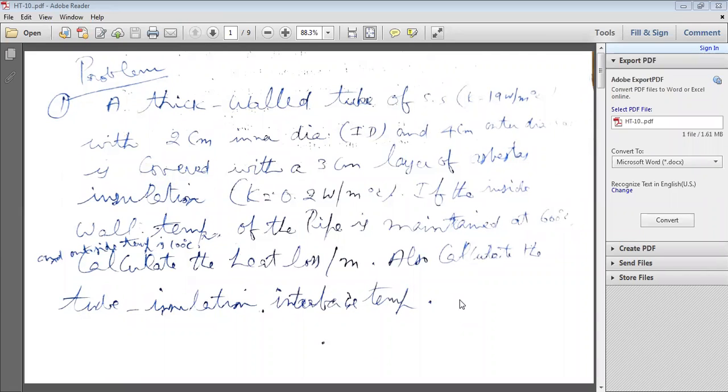of inside radius Ri, outside radius Ro, and length of the cylinder L, if the thermal conductivity of the solid material is K, Ti is the inside temperature in absolute scale, and To is the outside surface temperature.